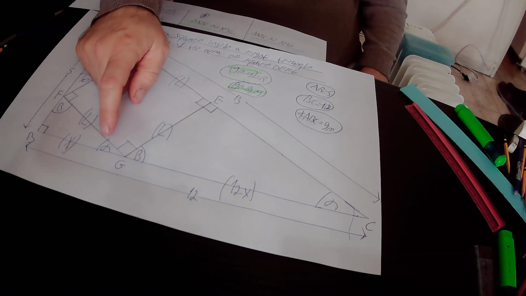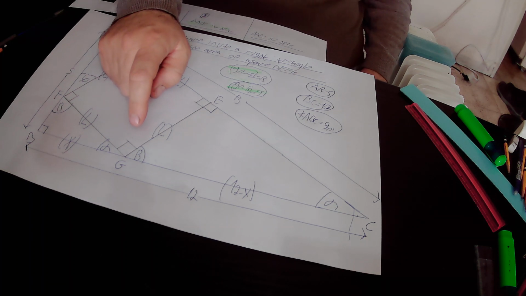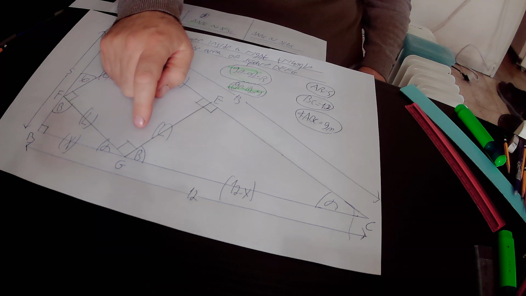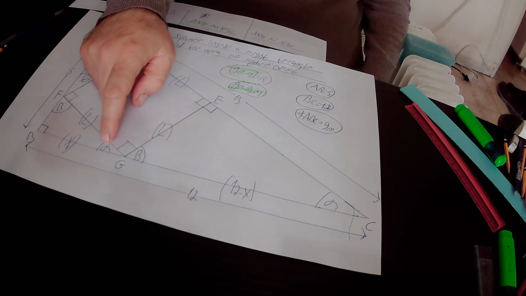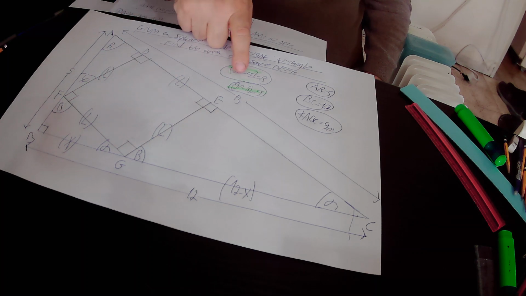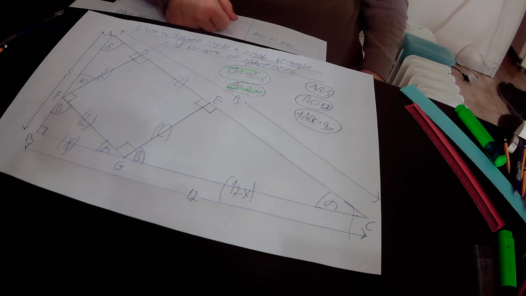Therefore, the missing angle here must be equal to 90 degrees minus beta. Why? Because 90 degrees minus beta plus beta is 90 degrees, and 90 degrees plus 90 degrees is equal to 180 degrees. That is the sum of the angles on one side of a straight line. But 90 degrees minus beta equals alpha, therefore the missing angle here equals alpha.